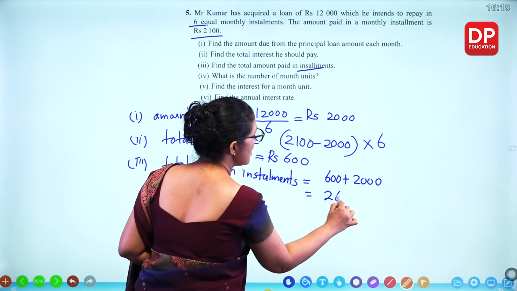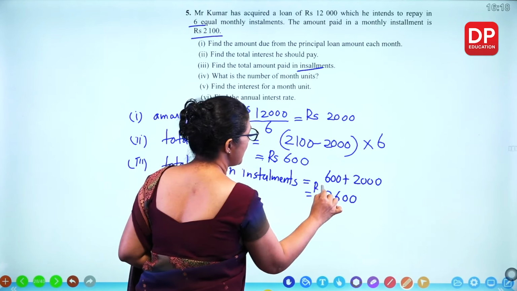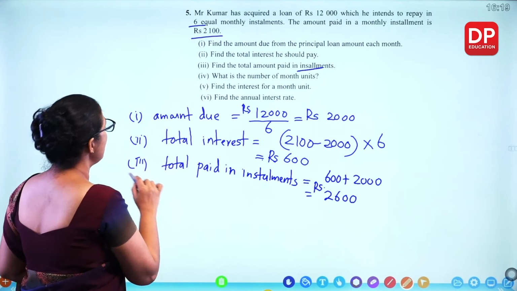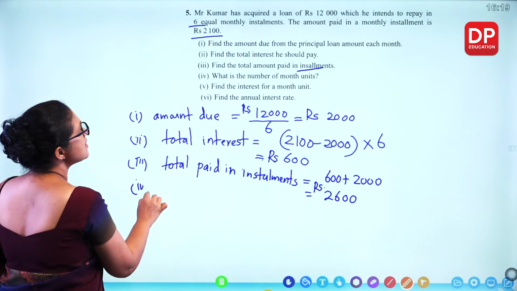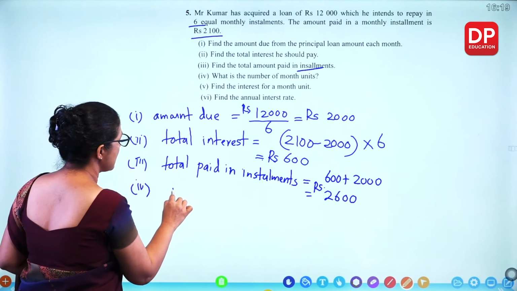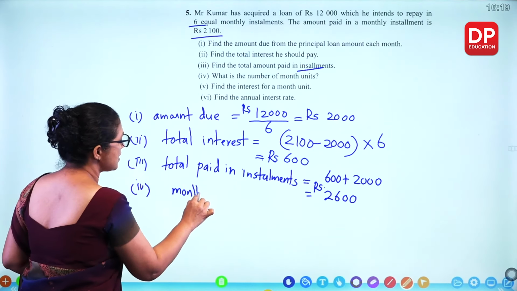So 2600 rupees. Then part 4, what is the number of month units?